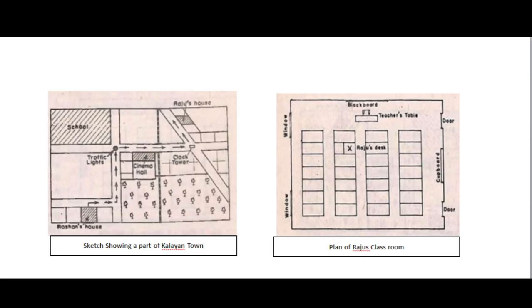A map has the advantage that it can show a very big area, say a continent, a country or a part of the country, but because of its small scale it can show only the important features of the area and not many details. A sketch has the advantage that it can be drawn quickly, sometimes roughly, to give an idea of the positions of a few things in any area.